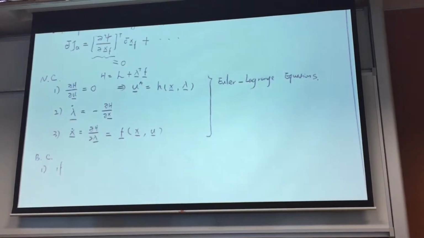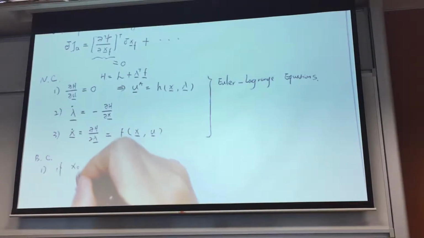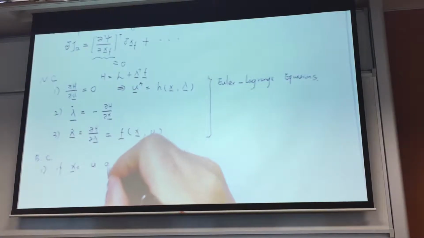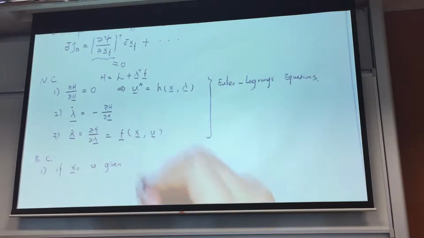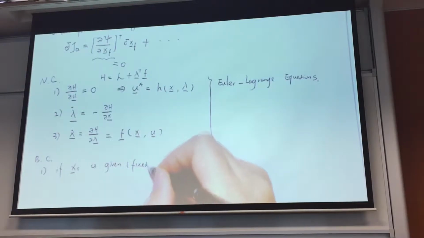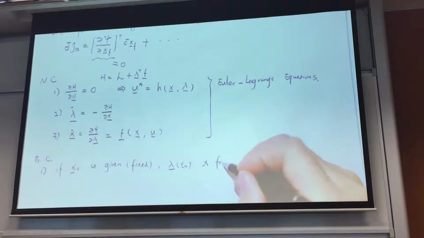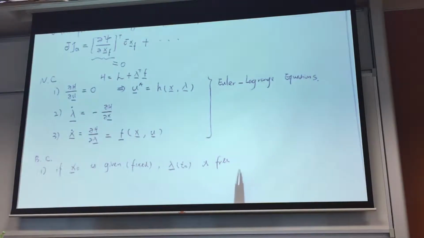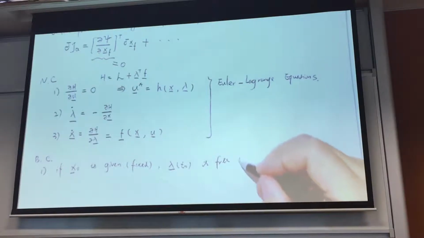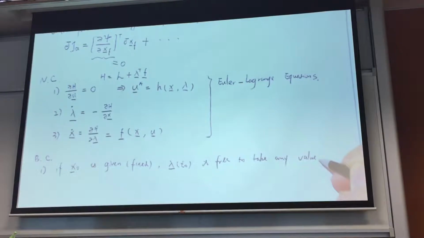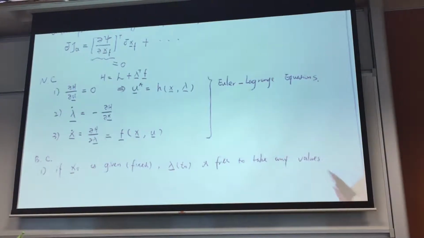So the first scenario is the initial state. This x0 is given. If x0 is given, our state is fixed, then this lambda 0 will be free to take any value.